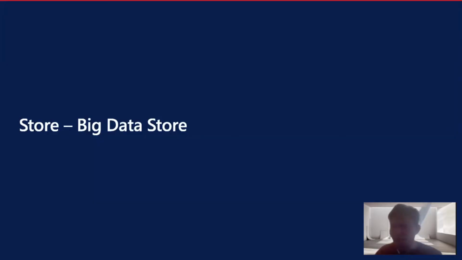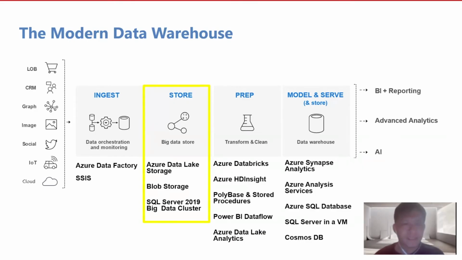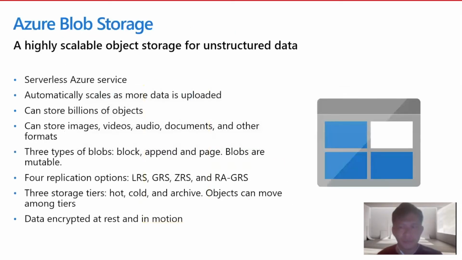Okay, so the next item we want to talk about is storing all the data that you have ingested. For this we have a few choices. Let's start off by looking at Azure Blob Storage.